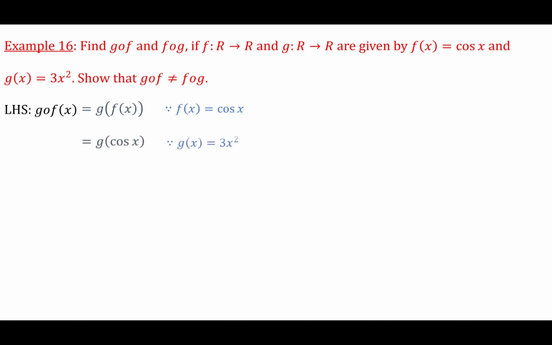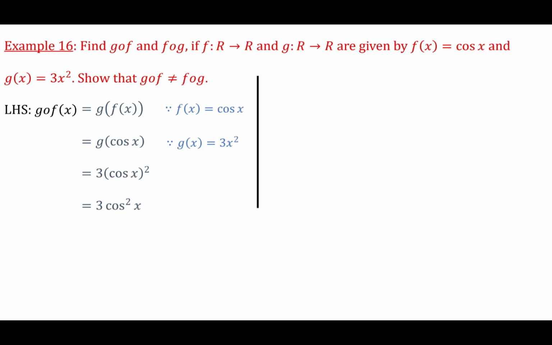And g of x is given in the question, 3x squared. So in place of x, I will write cos x, which will be like this. 3 in place of x, I'm going to write cos x whole square. You can write cos x whole square like this, or you can write 3 cos square x. This is the value of g circle f of x.